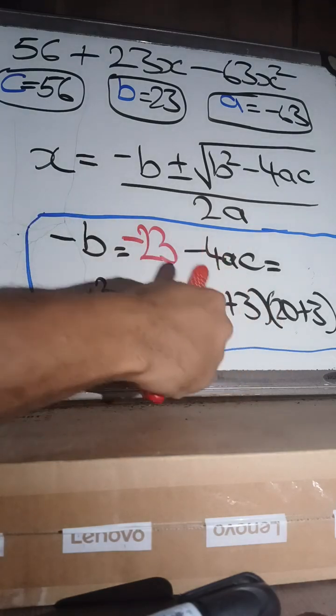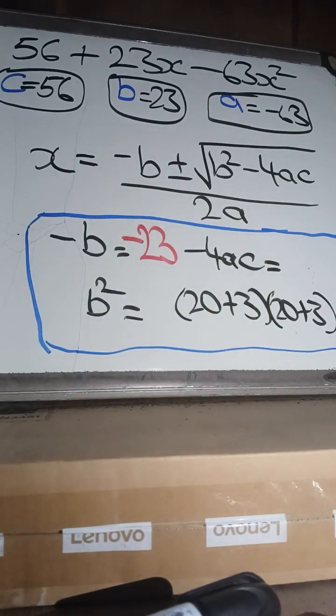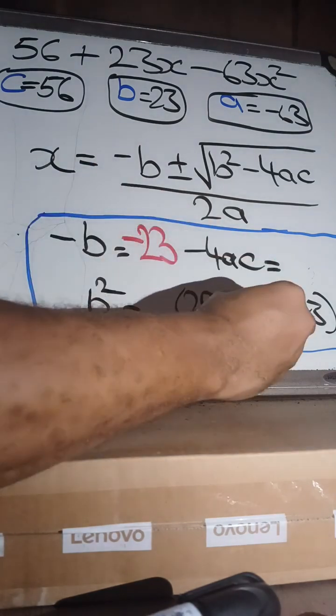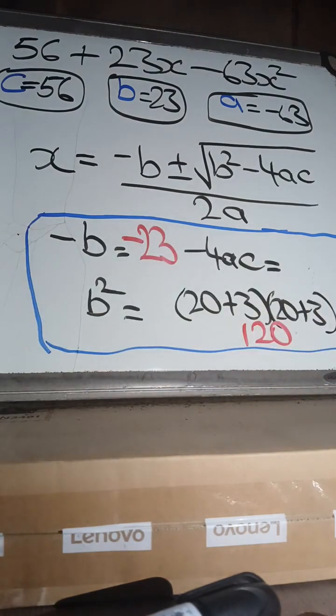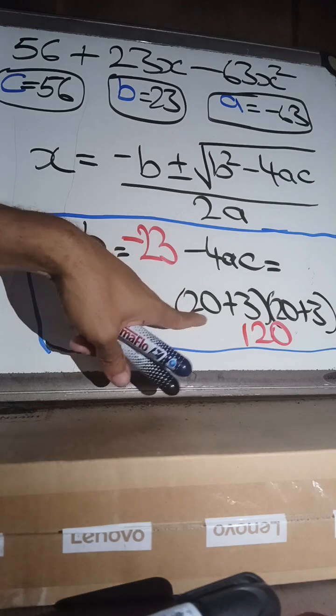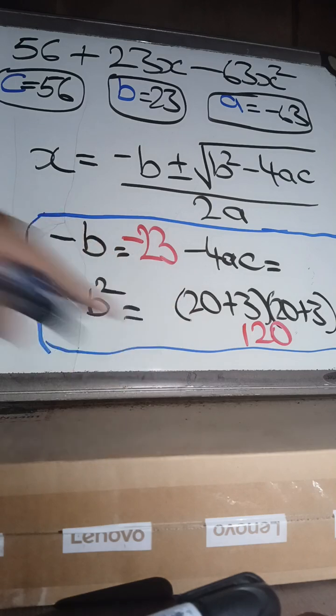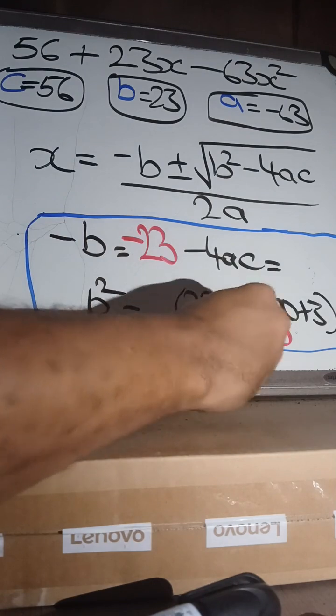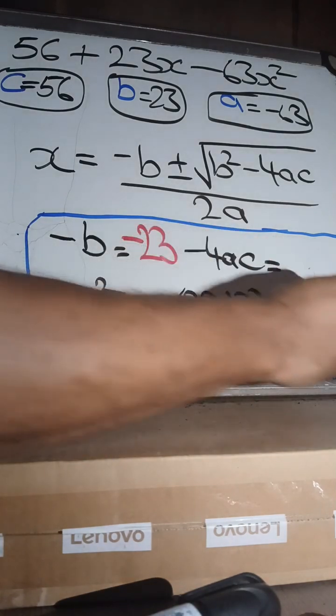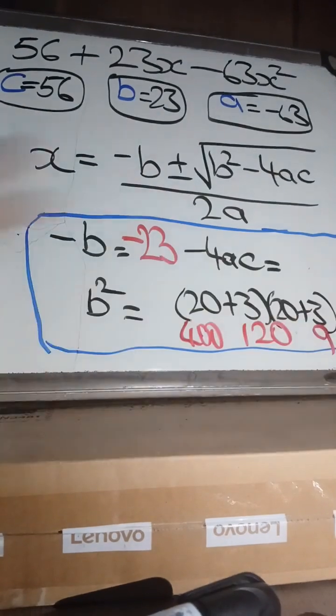So 20 times 3 is 60. So let's add 60 to itself. That's 120. So the middle is going to be 120. Now, if you square 20, the first term is going to be 400. And then you square 3, the last term is going to be 9.